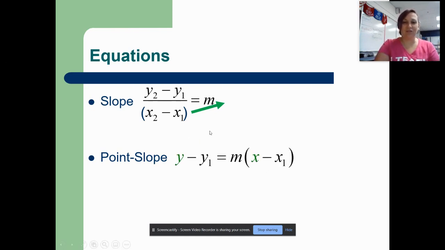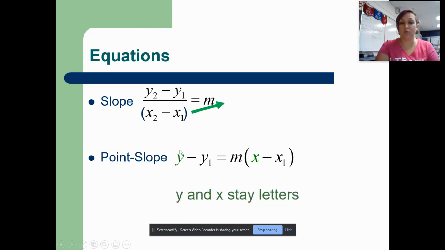Notice in point-slope form, we have y minus y, just like up here. We have x minus x, just like down here. The only thing that's changed is we've slid this over, and there's one other thing that's changed. In our slope formula, we have a y2 and an x2 because we were plugging in an ordered pair here. For point-slope form, this x and y are going to stay letters.